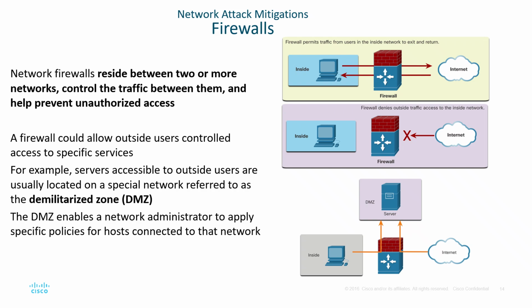Okay, so it is out there, it's protected by your firewall, as is your inside network, as you see here. Your firewall will permit traffic from users in the inside network to exit, and as long as it was generated from the inside, they will automatically be let back in.